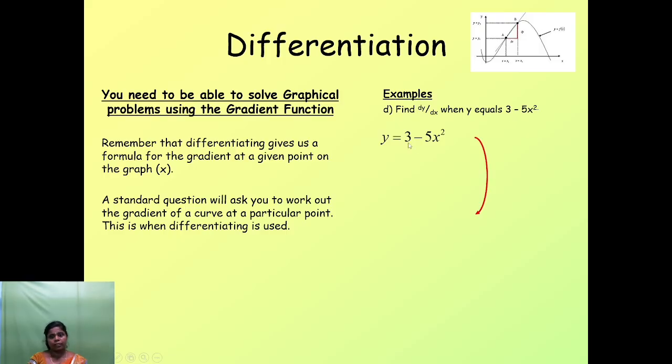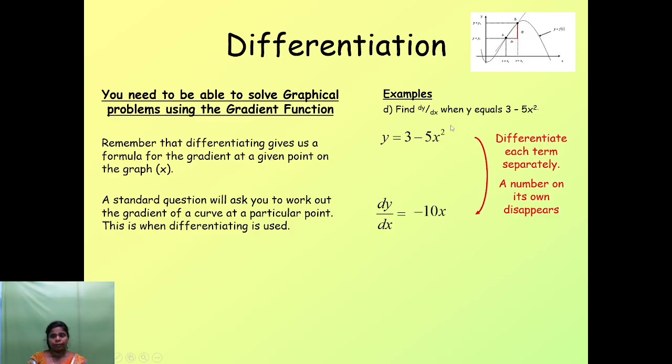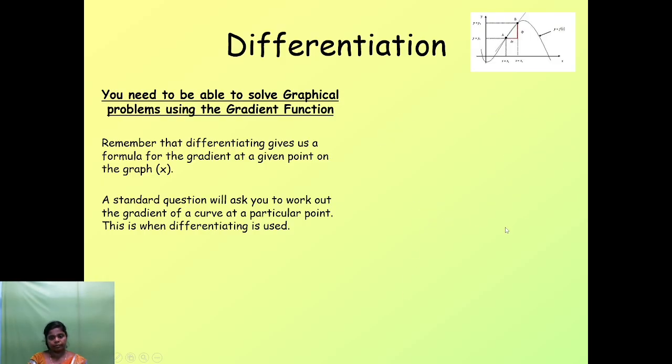So the first derivative of the constant term 3 is 0, and the second term, minus 5, is a coefficient with the x square term. The first derivative of x square is 2 into x power 2 minus 1. So 5 into 2 we get 10, already here minus, so minus 10 into x.